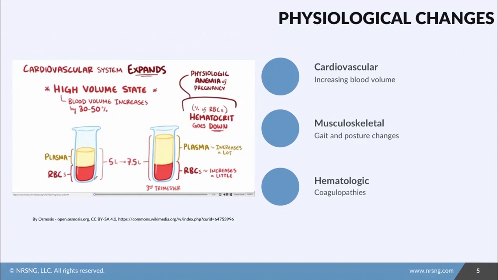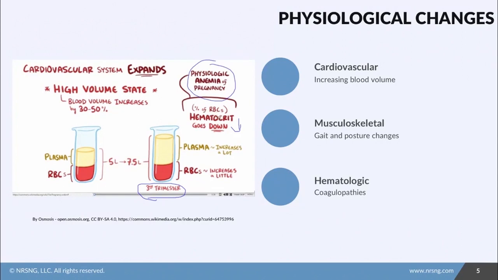And then in the third trimester, our plasma is increased a lot. The red blood cells have increased, not quite as much, but have increased. And because of this, the hematocrit is going to go down, and we're going to have some physiological anemia of pregnancy. So just something to watch for in these patients.